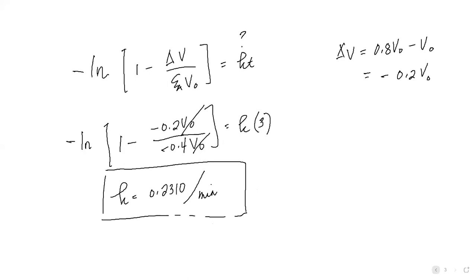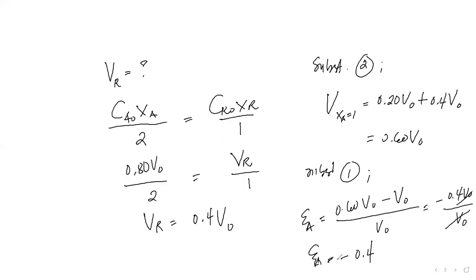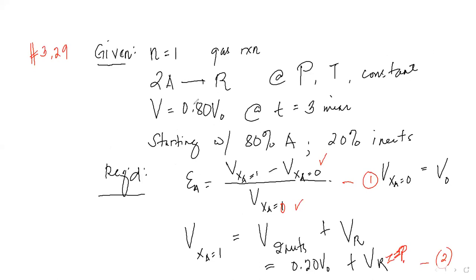This example illustrated the manner of determining the epsilon based on the identity of your species, whether it's starting with 100% of that species or have some inerts present. The rest, as to determination of the final volume and all, is just a case of properly understanding the information provided and use of algebra.